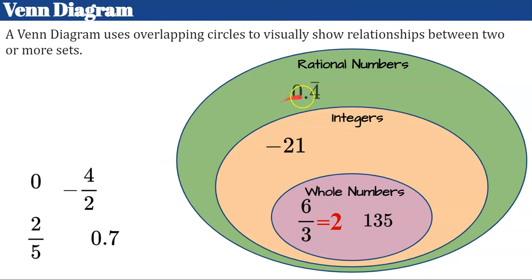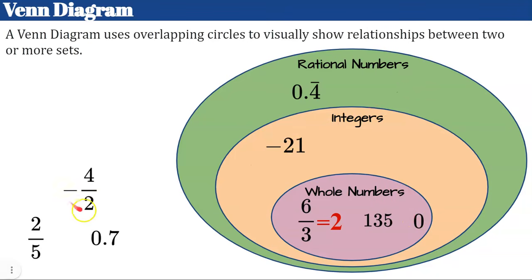Here we have 0.4 repeating. That is a rational number. It is a repeating decimal. That is not an integer or whole number. So notice it's only in the green. If it's only in the green, it only belongs to rational numbers. 0 is a whole number, so it's a whole number, an integer, and a rational number.